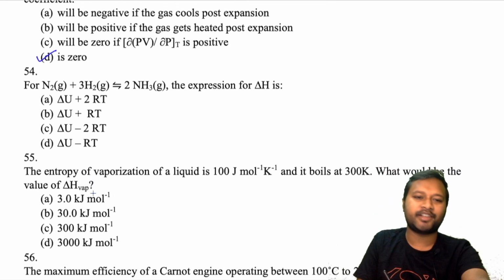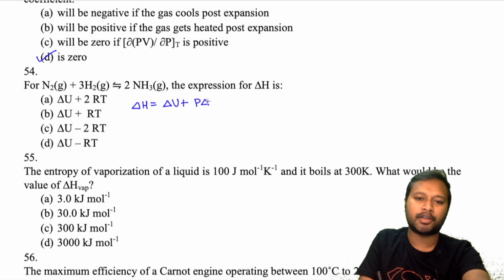Okay, the next one says N2 plus 3H2 gives you 2 moles of NH3. The expression for delta H is, now we know delta H is equal to delta U plus P delta V. Since P delta V is not given to you, we will write delta U plus delta n RT. Delta n is going to be minus 2.